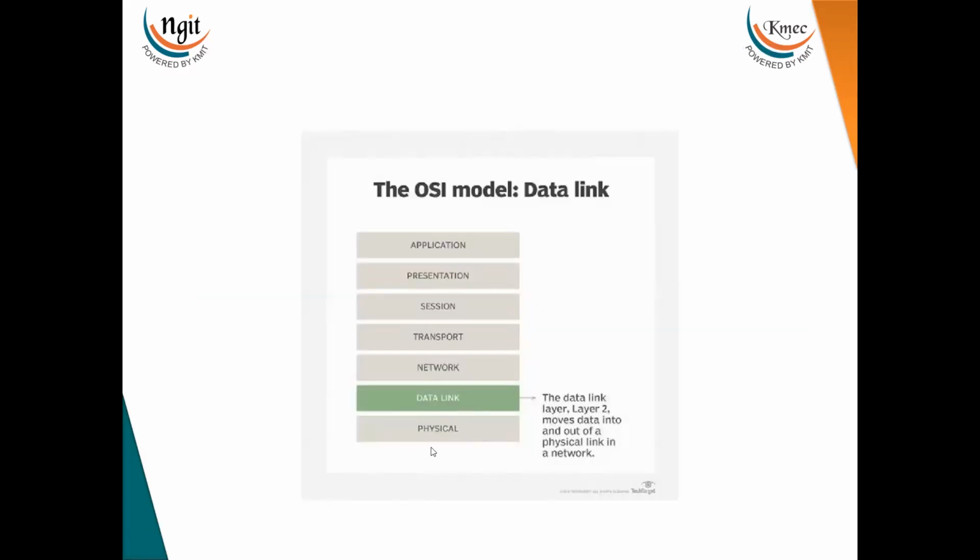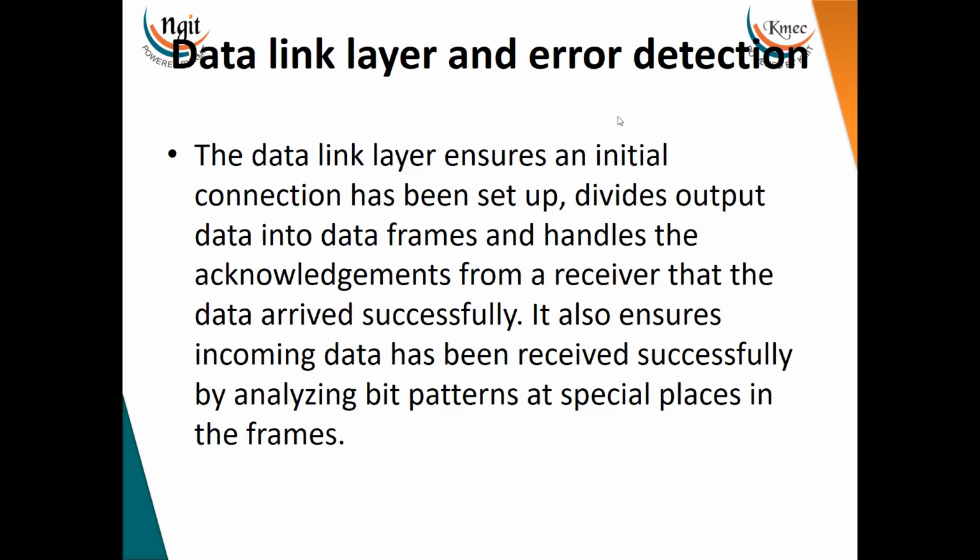Now, this is our OSI model, and here we'll learn about error detection. The data link layer ensures an initial connection has been set. It divides output data into data frames and handles the acknowledgement from a receiver. It is going to check whether the data has arrived successfully or not.